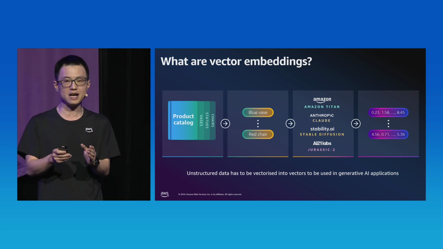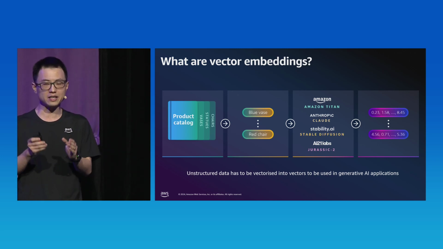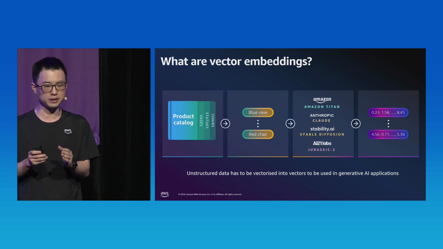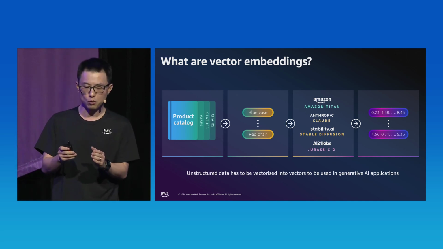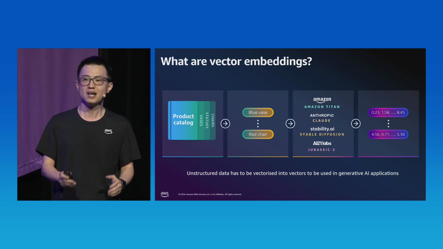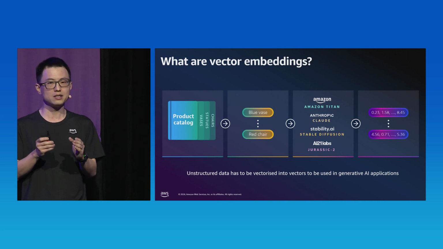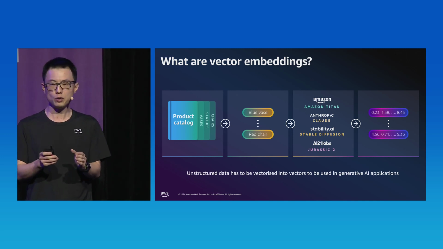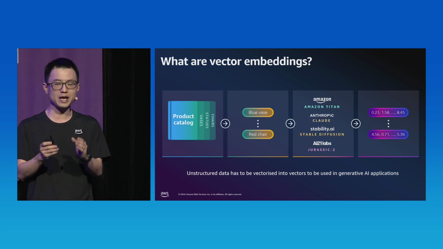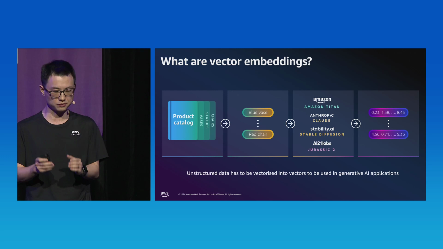Then we send that along with your question to the foundation model, and it can answer your question properly. You may ask, why don't we just use text search? This is because text search relies on keywords. Using vector embeddings, we don't rely on any keyword, so we can do semantic similarity search.